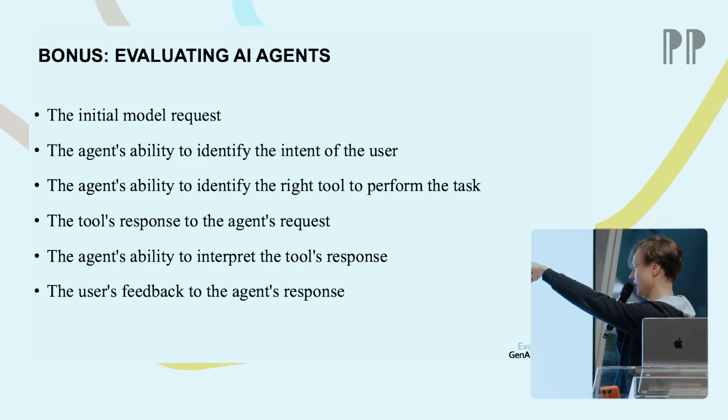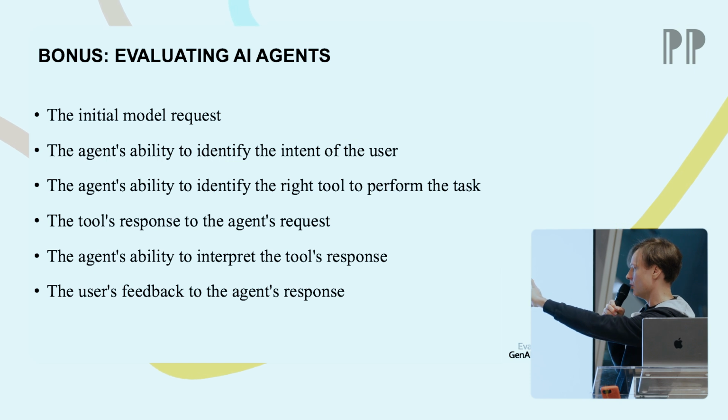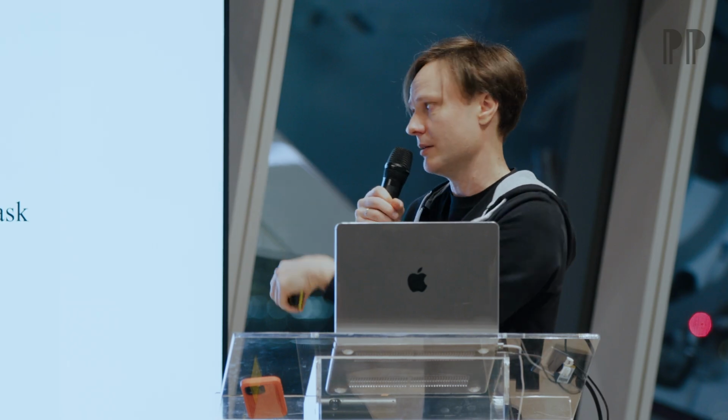So if the first one and the last one are more or less same that we covered in my session, then ability to identify intent of the user, picking right tool, because agents, this is LLMs plus tools, right? Identify tools, tools itself needs evaluation, and how your agent interprets results provided by this tool. I mean, many more things to consider, but I love the fact that agents, they are self-evaluators by default, right?